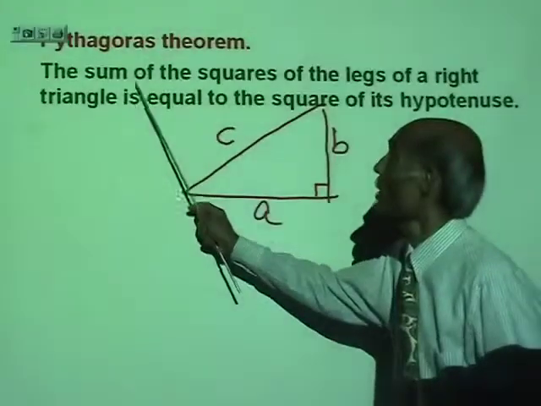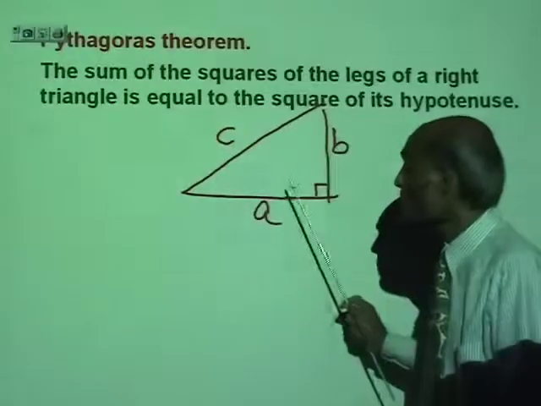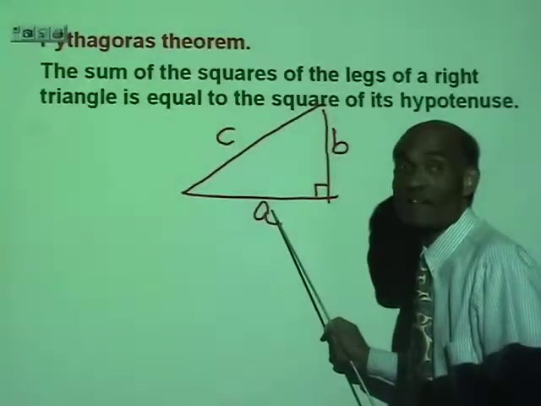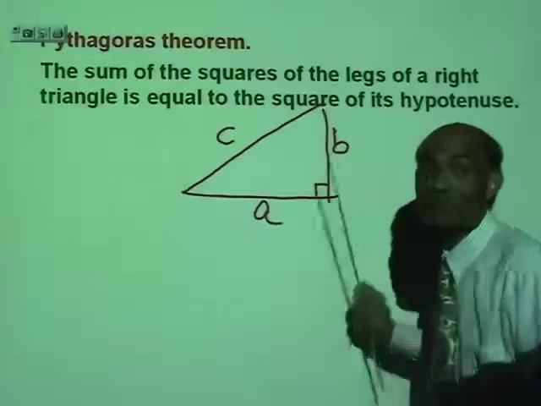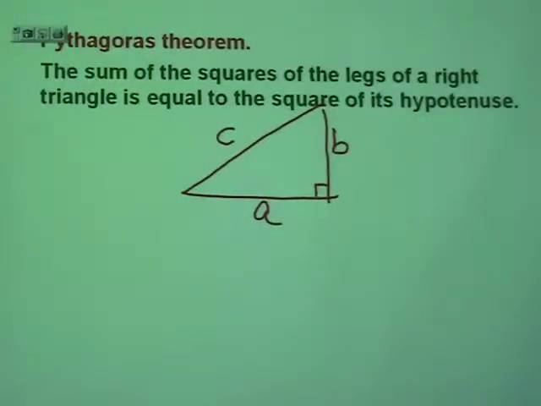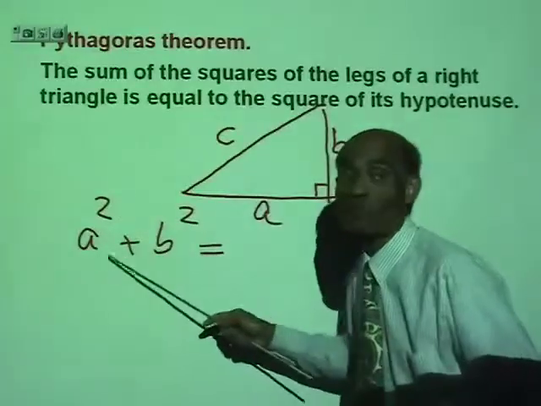The sum of the squares of the legs. In other words, square this leg, square the other leg, and add them together. That will be the sum of the squares of the legs. A squared plus B squared is the sum of the squares of the legs.